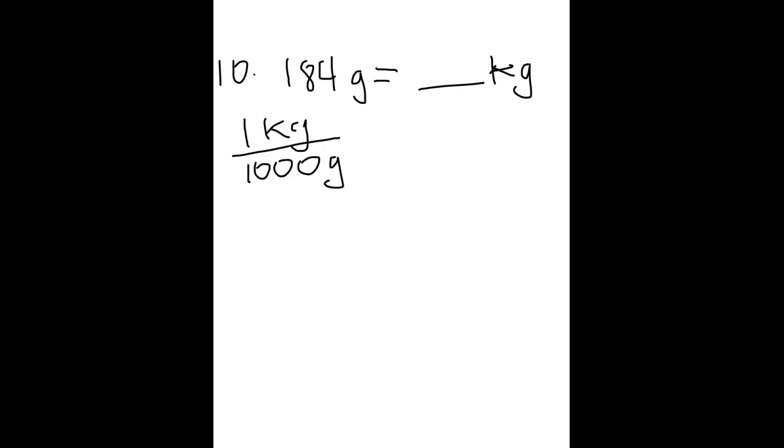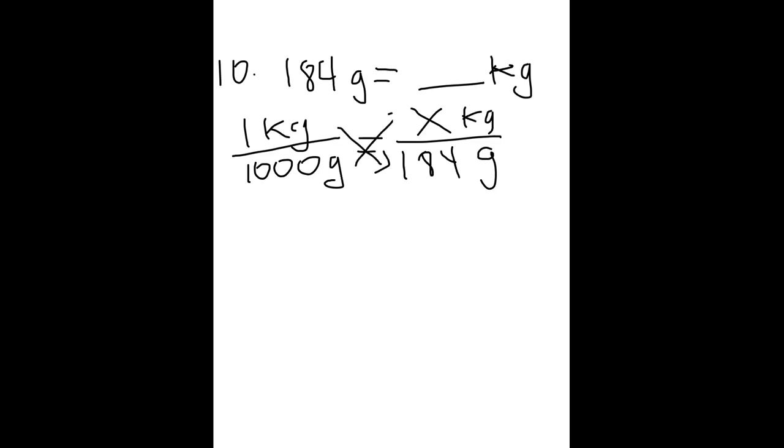So 184 grams is equal to how many kilograms. Okay, so let's set up our ratios and proportions. 1 kilogram is equal to 1,000 grams. So kilograms on the top, grams on the bottom. We want to know kilograms, so that's an X. And 184 goes in the bottom, in the denominator.